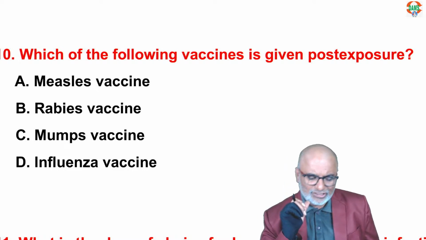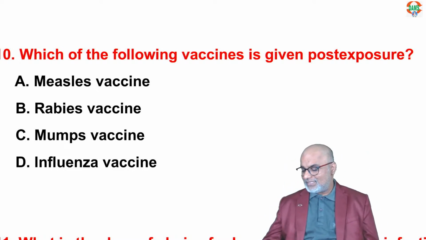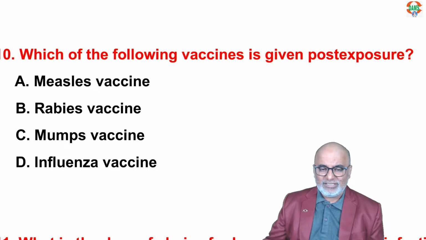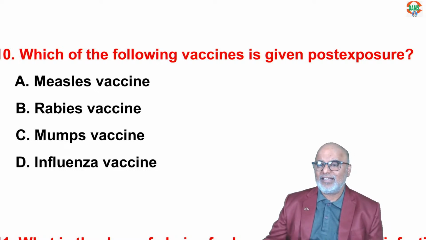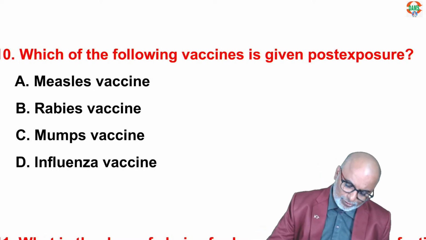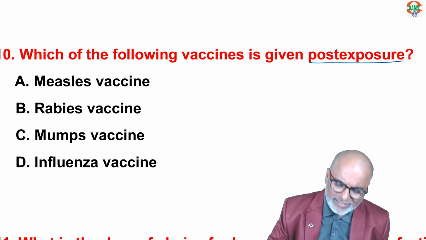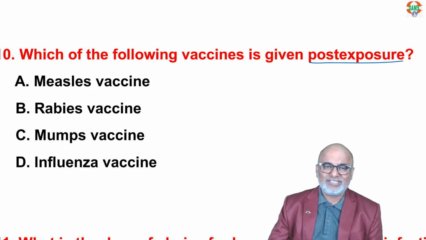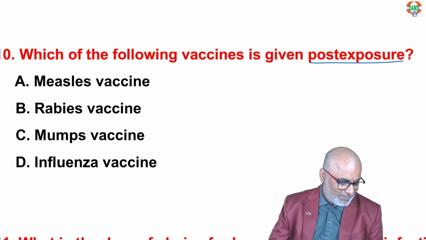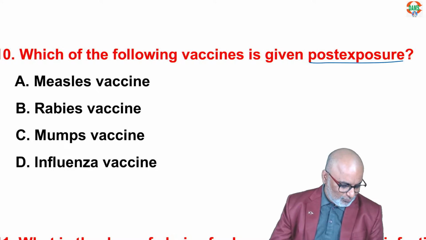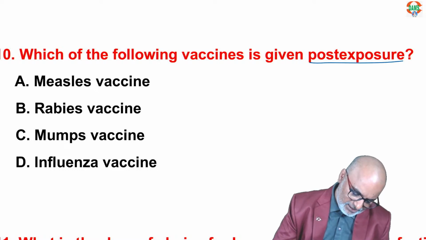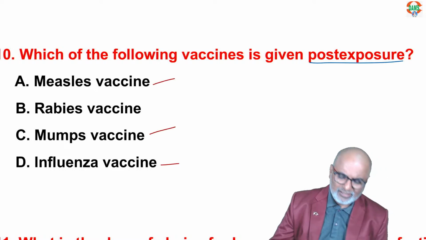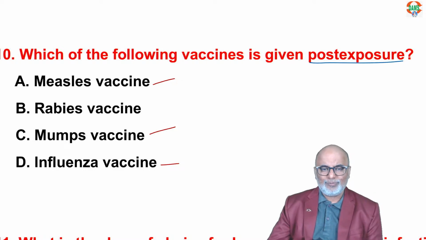But there are a few exception conditions where you can use vaccine after exposure. That is called post-exposure. Mainly you can see diseases like rabies and hepatitis B. So MMR vaccine, measles, mumps, influenza, you can give before exposure.